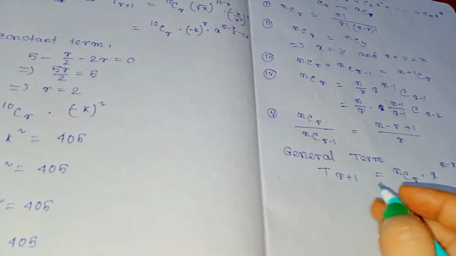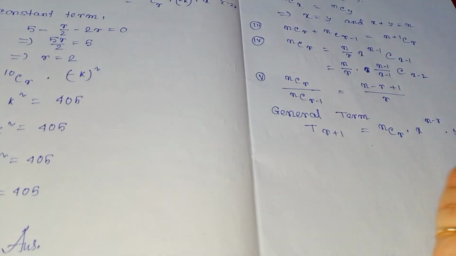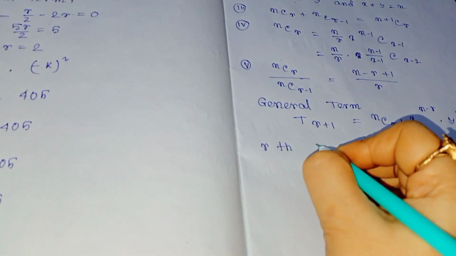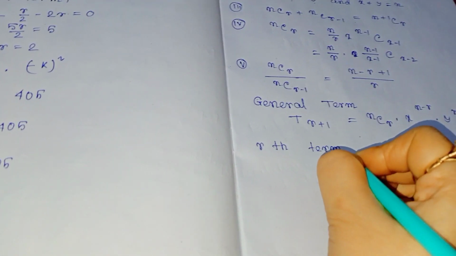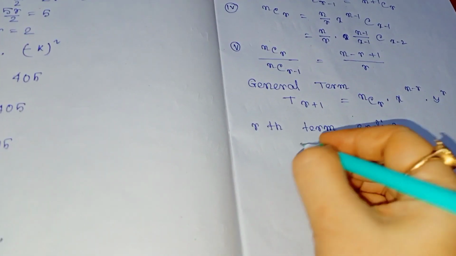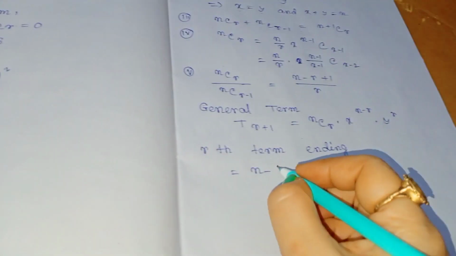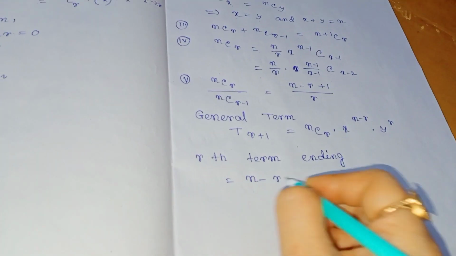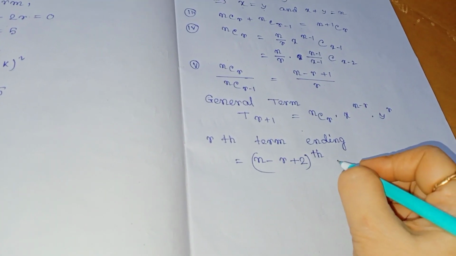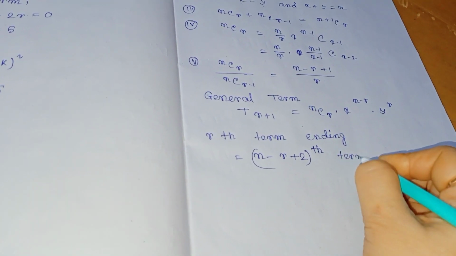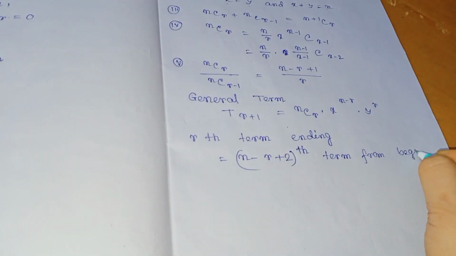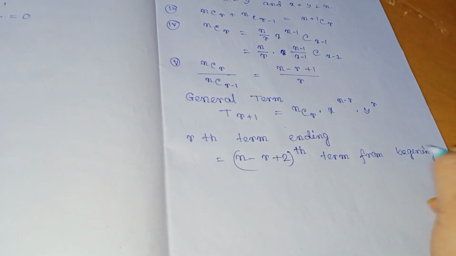Now the rth term from the ending is the (n minus r plus 2)th term from the beginning.